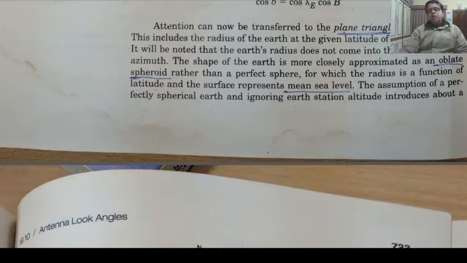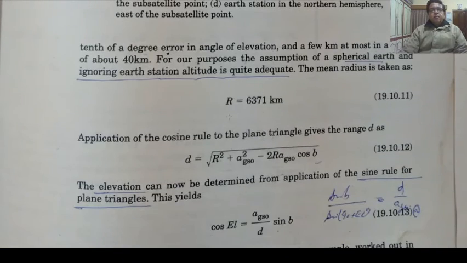The assumption of a perfectly spherical Earth and ignoring Earth station altitude introduces about a tenth of a degree error in angle of elevation and a few kilometers at most in a range of about 40,000 kilometers. For our purposes, the assumption of a spherical Earth and ignoring Earth station altitude is quite adequate.